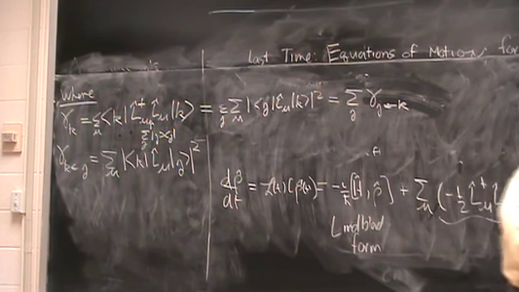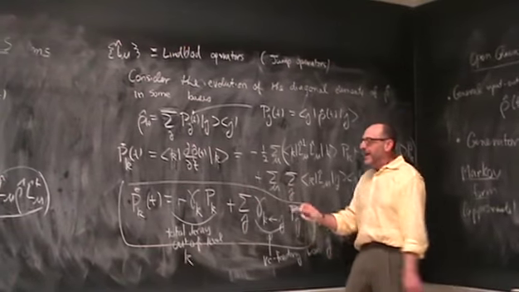Now, of course, when I plug that into here, the part where J equals K cancels.